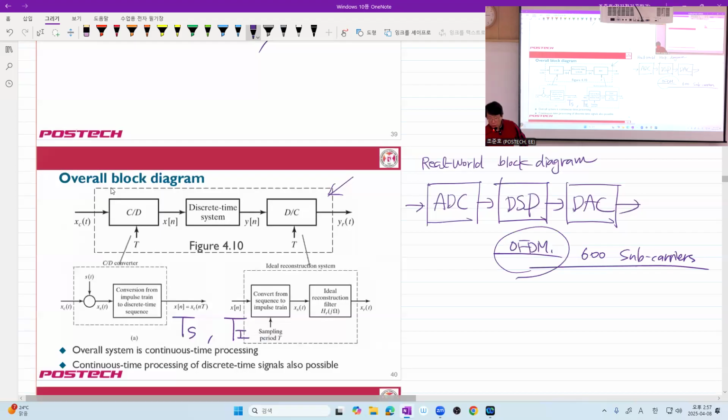So what's going on? We do digital signal processing, especially the fast Fourier transform. As I told you, the core of this course is the discrete Fourier transform and its fast algorithm named the fast Fourier transform, right?